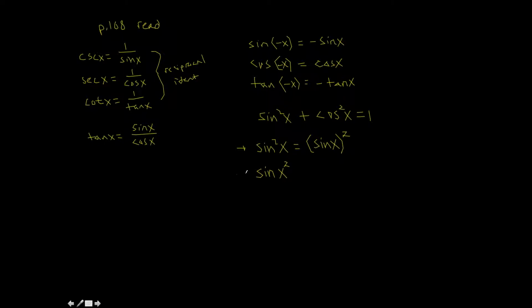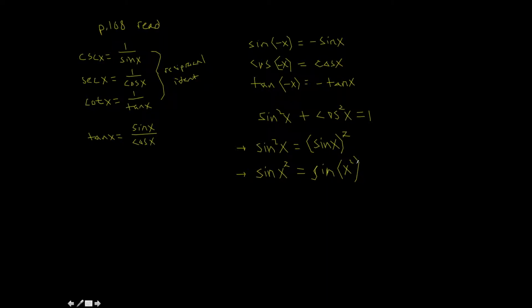This is sine of x squared. This applies to cosine as well. These two rules here are the most confused, so be careful as you're reading through these identities.